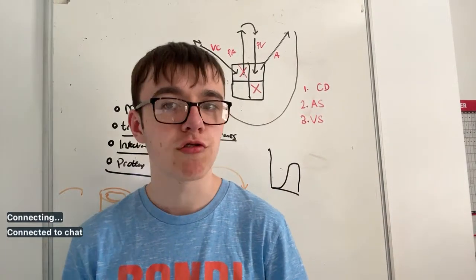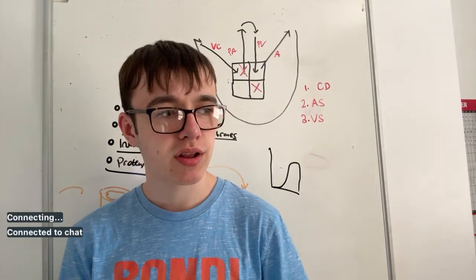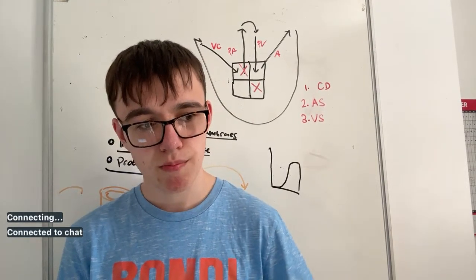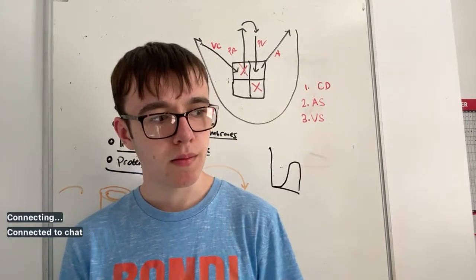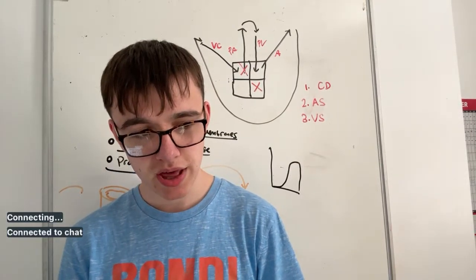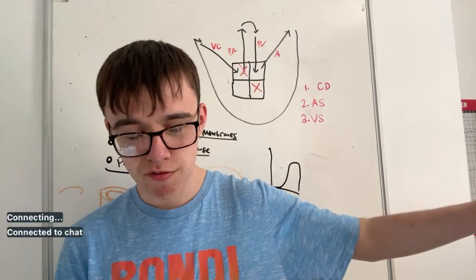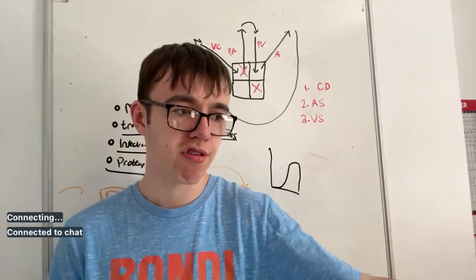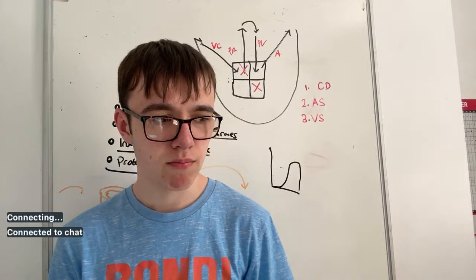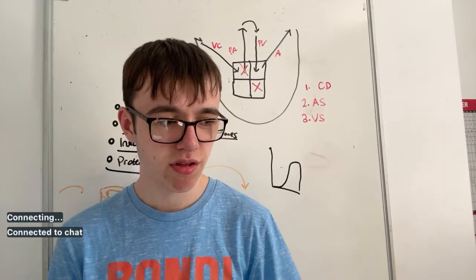Xylem with the cohesion tension theory. Basically, as water from the bottom is pulled up, oh my god, my head is killing. What happens is in the leaves, water is used for photosynthesis. That causes a water potential gradient.